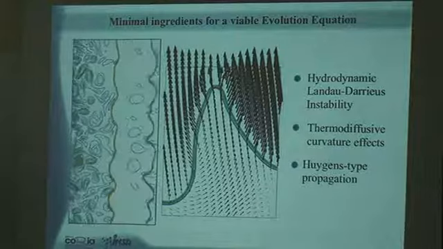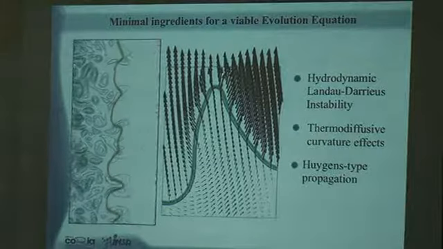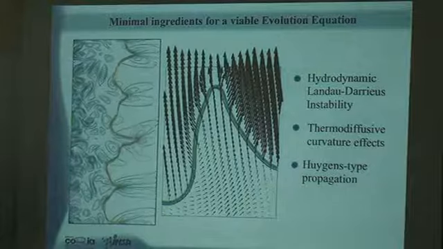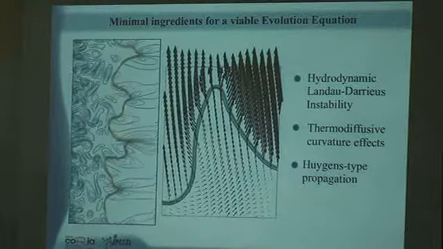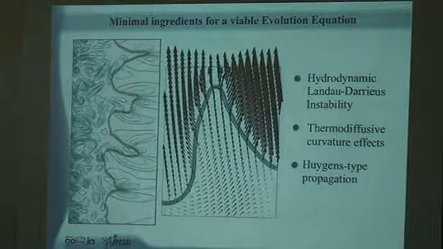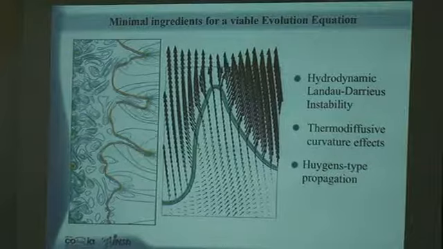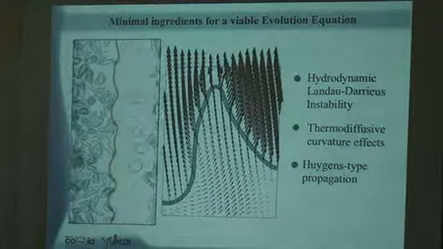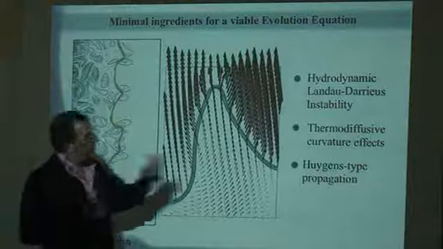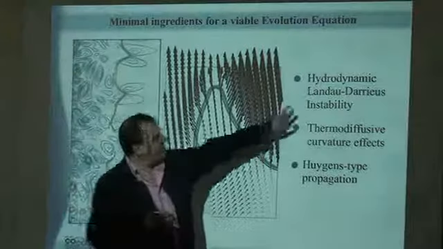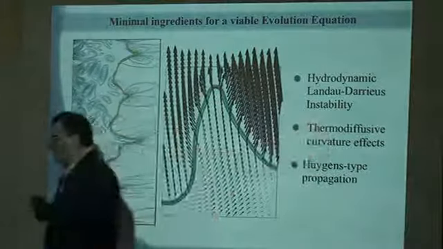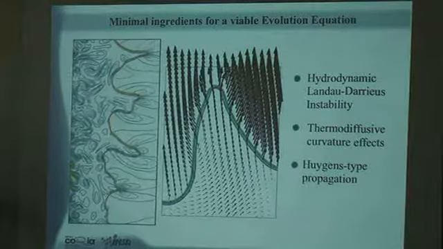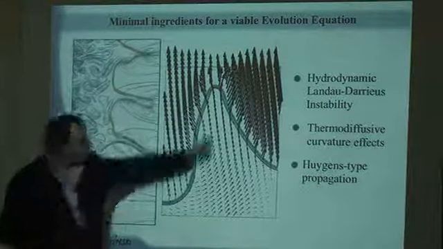So what must be the minimal physical ingredients for a viable evolution equation to be comparable with experimental DNS? What are the main physical processes? Maybe the most important process is the hydrodynamic instability due to streamline deflection.